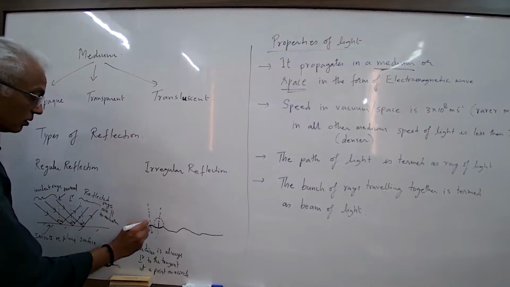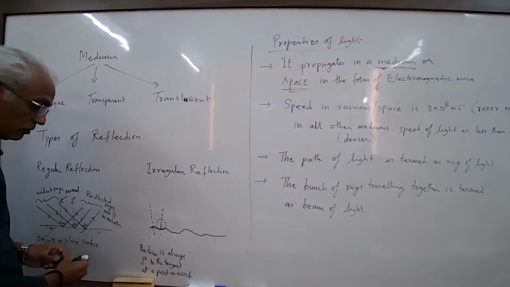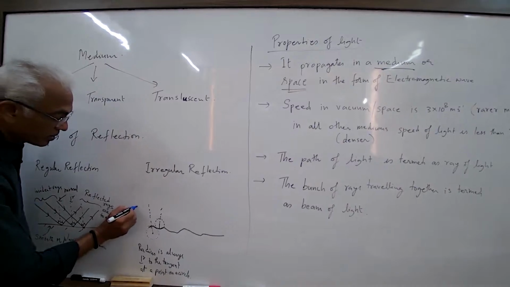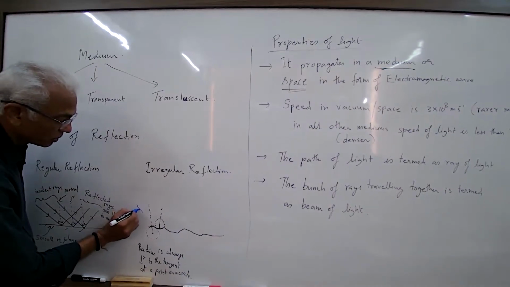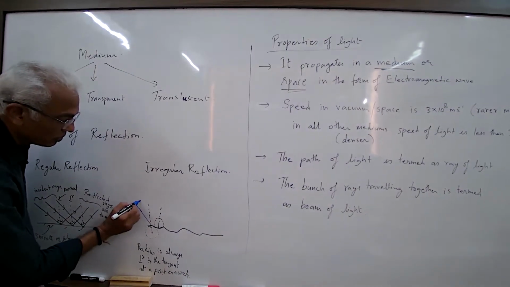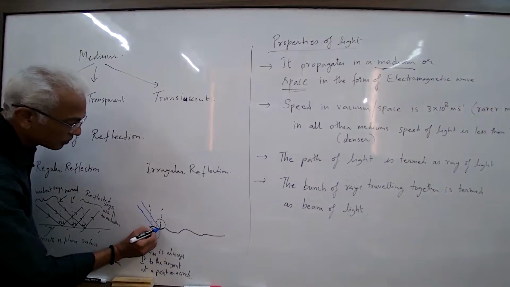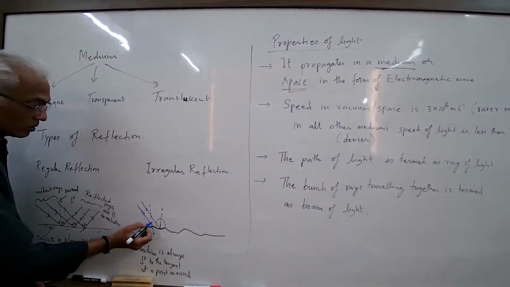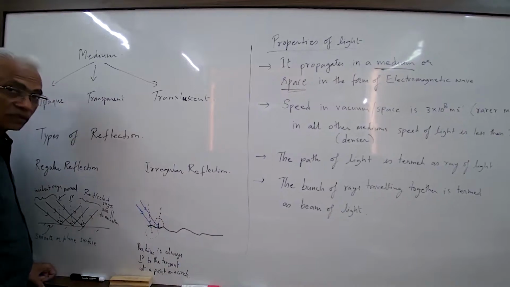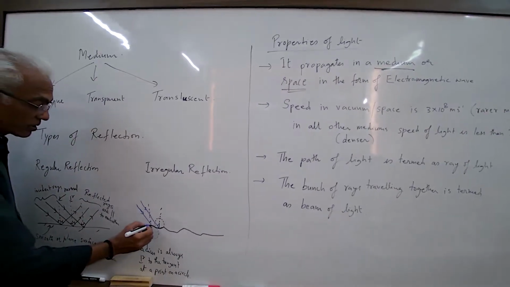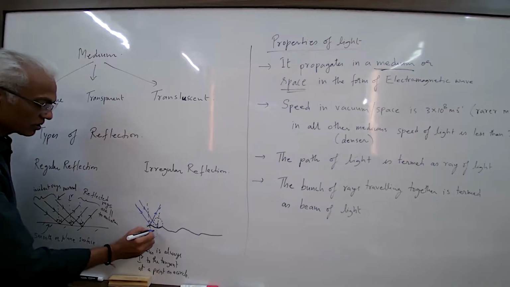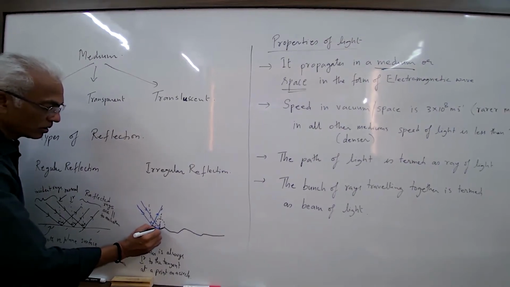Now, if I take the example of incident rays, obviously incident rays will be coming from some source of light, so they will be parallel to each other. They are parallel. But now you see they make different angles of incidence. And by the law of reflection, here the reflected ray will be in this direction, whereas here the direction will be a little away.